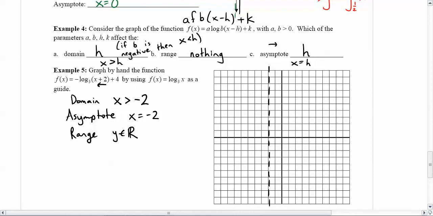Okay, so I'm going to draw the graph of log base 3 of x as a guide to start. In order to draw that, I'm going to think about it as being the inverse. Do you know what it's the inverse of? Very close. Not quite x cubed, but 3 to the power of x.